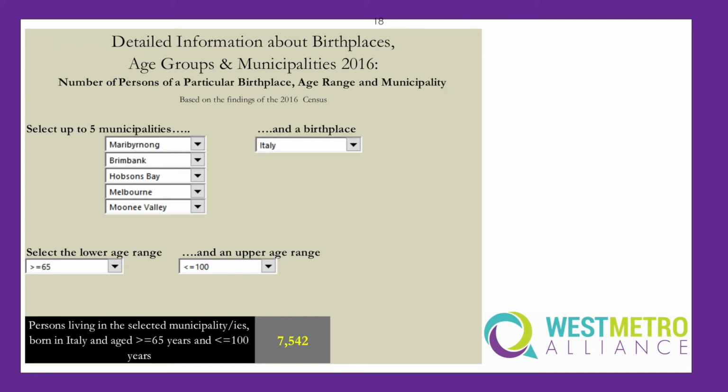This particular data is looking at only 5 municipalities, but if you work across more or across less, you simply pick your birthplace, you ensure that the lower age range is over 65, and here it tells us there are 7,542 Italian born people of that age group. So that's a really great, round, clear number that we can use if we want to focus on that particular community.